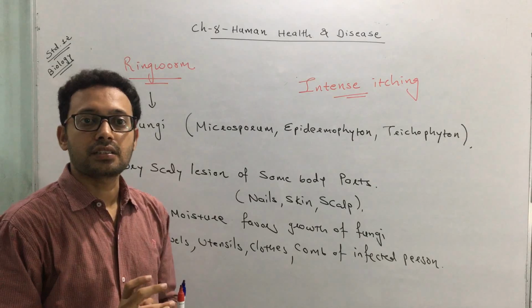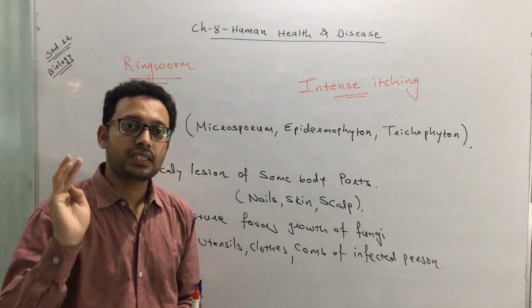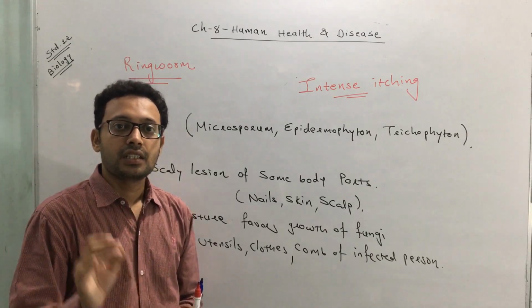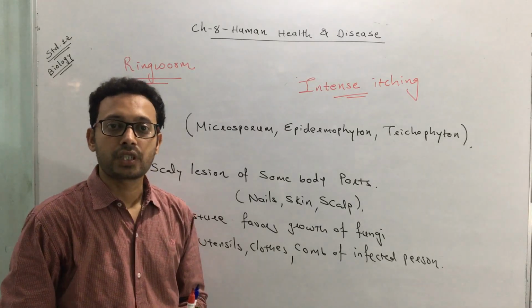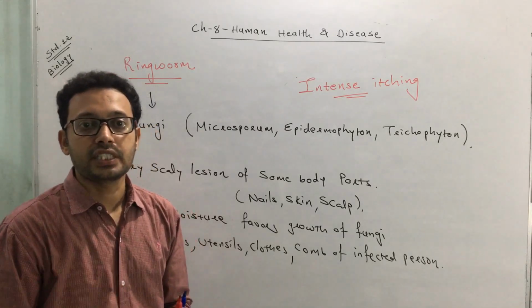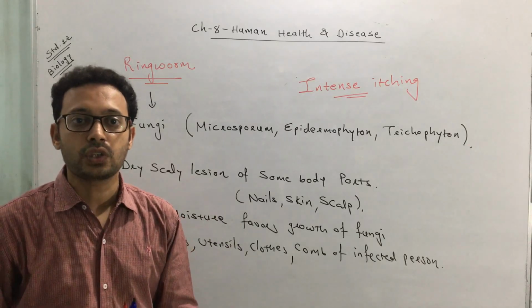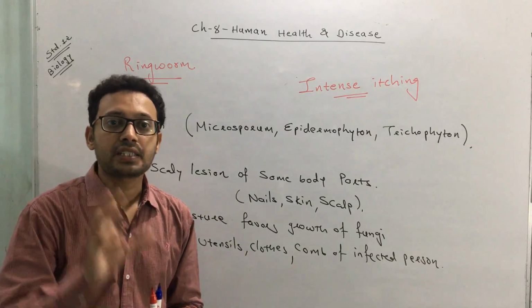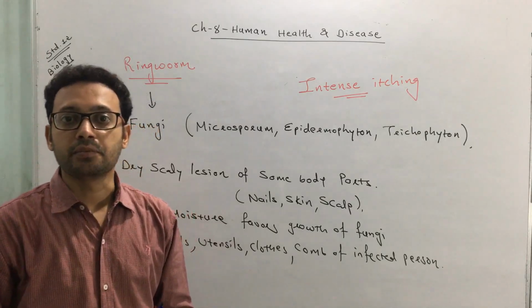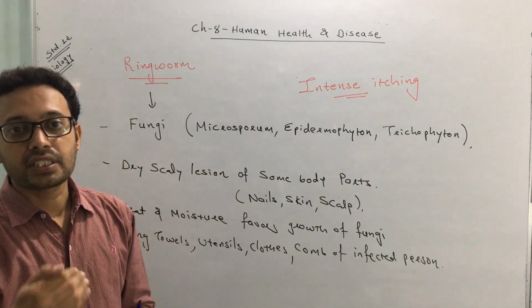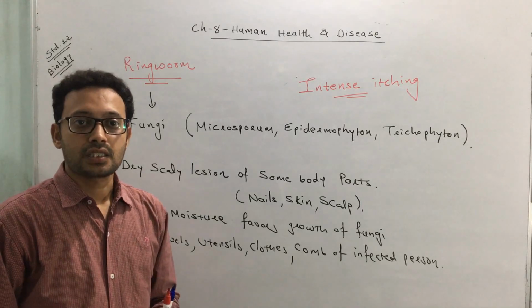Fifth, ascariasis. Sixth, filariasis or elephantiasis. Seventh, malaria. And eighth, ringworm. These are all infectious disorders, meaning they are caused by some type of pathogen or causative organism.